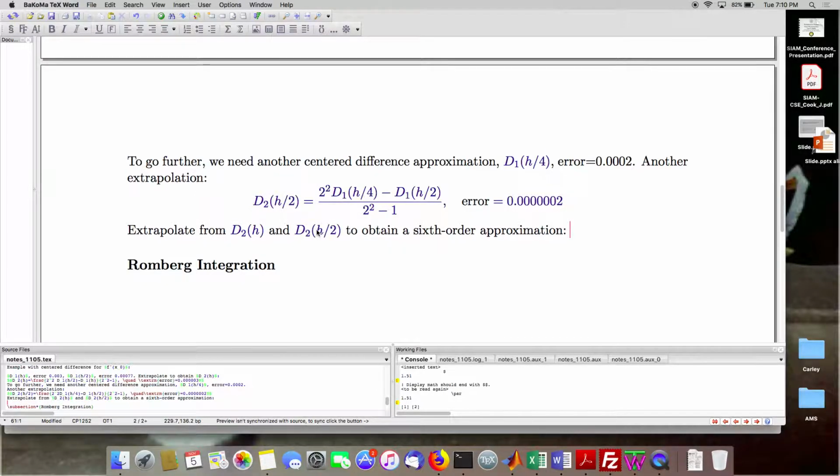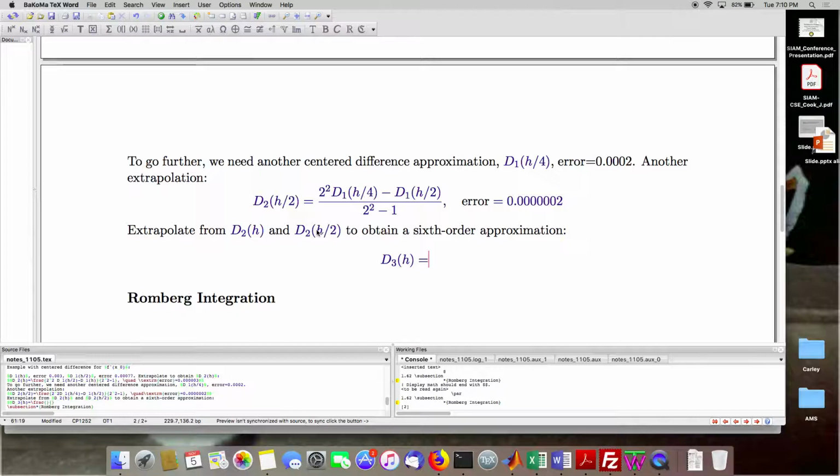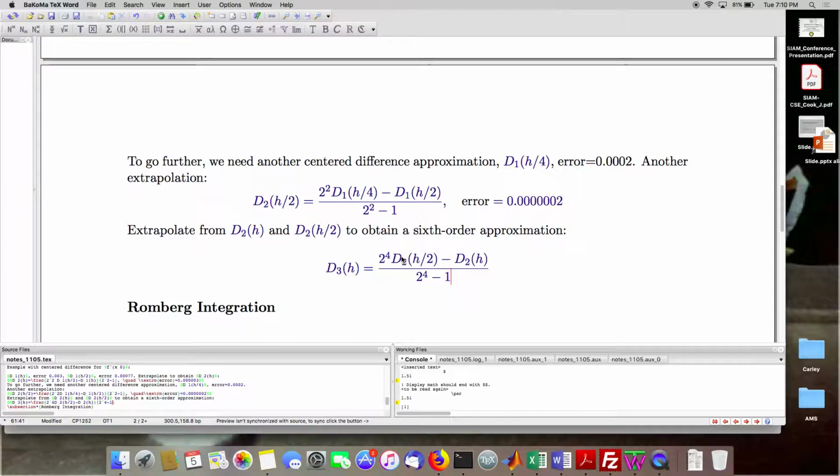So what I'll have is d3 of h equals 2 to the 4th d2 of h over 2 minus d2 of h, divided by 2 to the 4th minus 1. So my denominator is now 15 instead of 3.